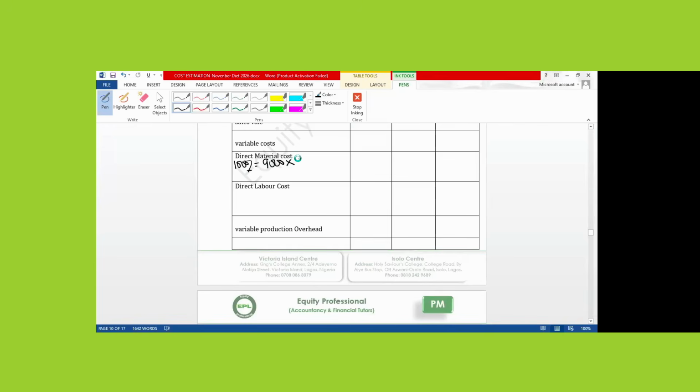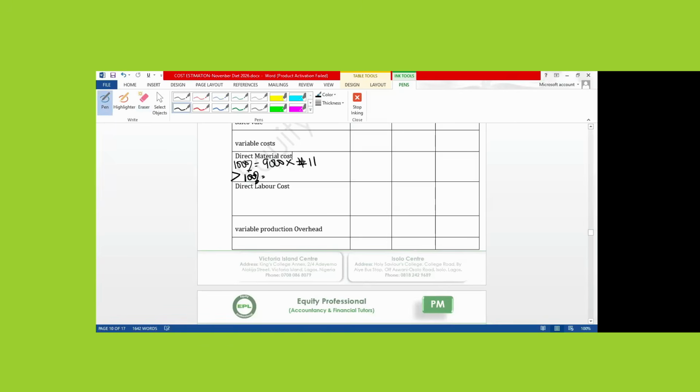Material cost per unit, 11 naira. Above 100%, that is greater than 100.